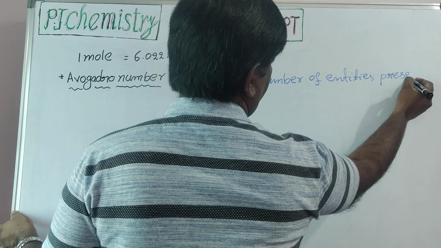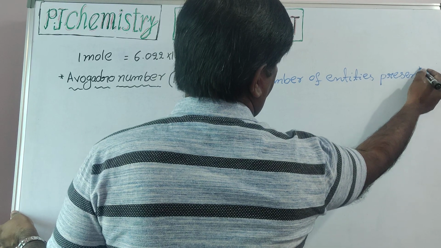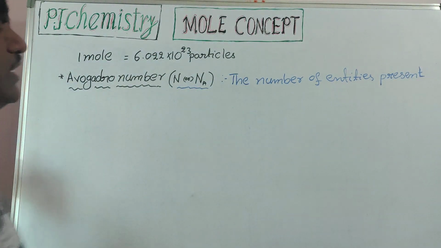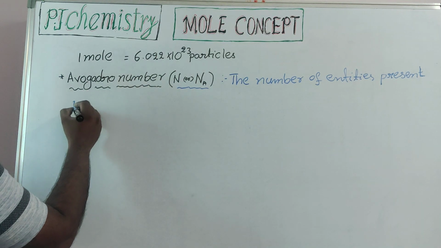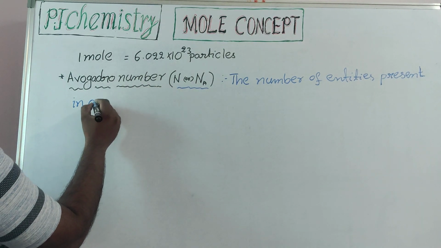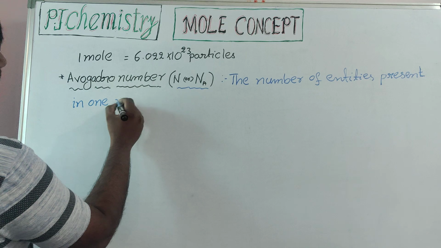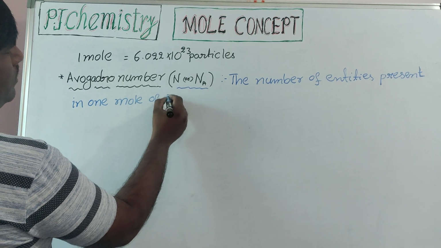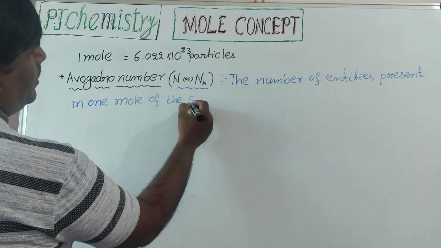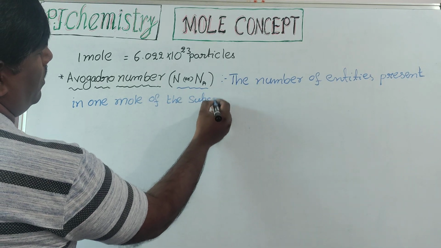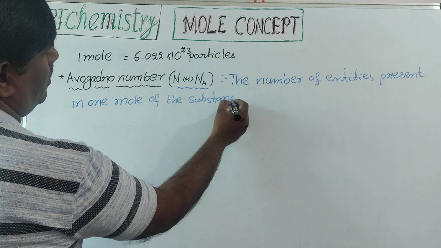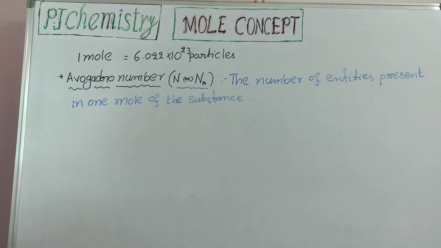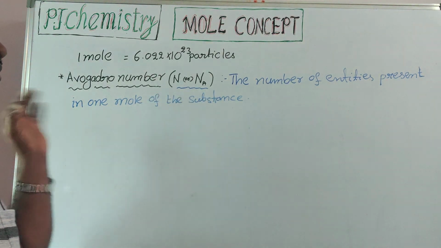The number of entities present in one mole of the substance is called Avogadro number.